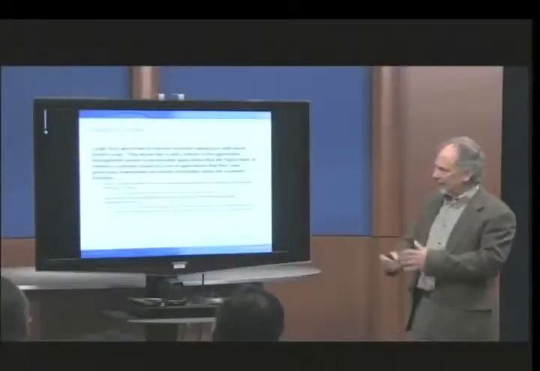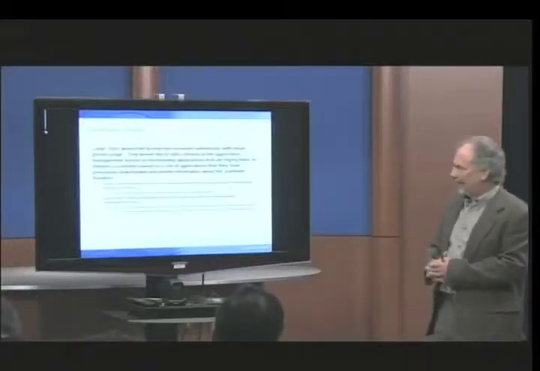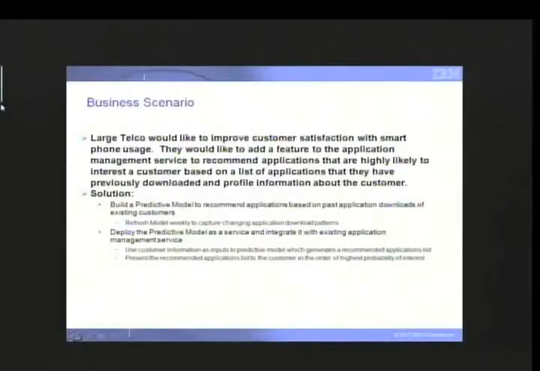So here's a simple scenario. You have a telco, and they're looking at how their customers are using the smartphones, and they're looking at what applications they have, and they find that there's patterns when somebody has one application, they're likely to have another. And so they're building a predictive model to recommend applications based on what other users like you have used in the past.